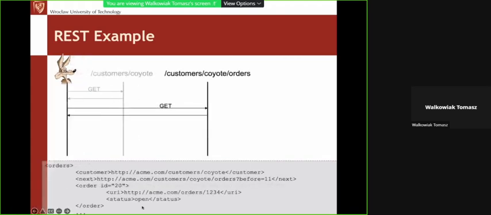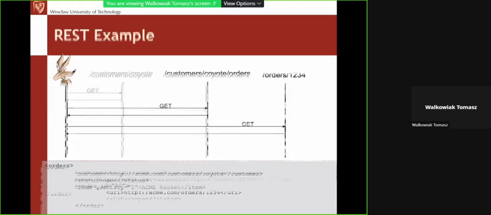So again, get the answer in some format, XML, and here I have the list of all my Coyote orders. So we have the unique ID of the order that could be used for the next call. Again, boring stuff.